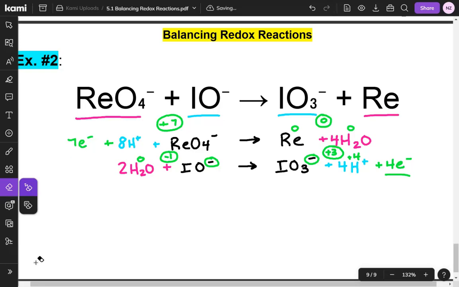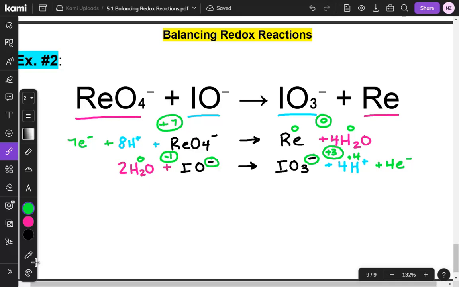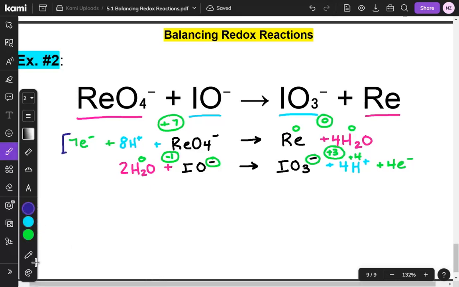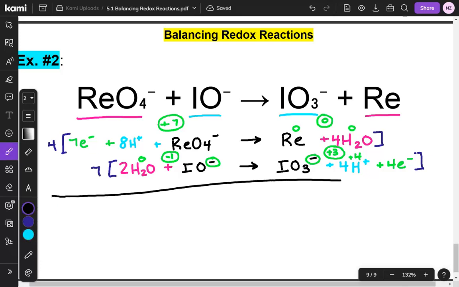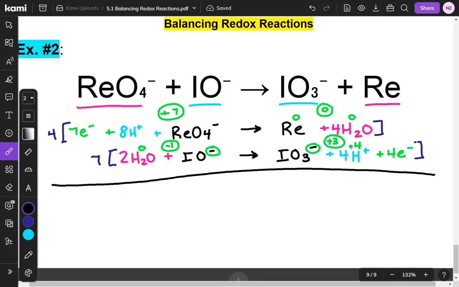The least common multiple between those two numbers is actually 28. So we're going to want to multiply the top reaction by 4 and the bottom reaction by 7. This is turning into a doozy. So I'm going to rewrite after I distribute.